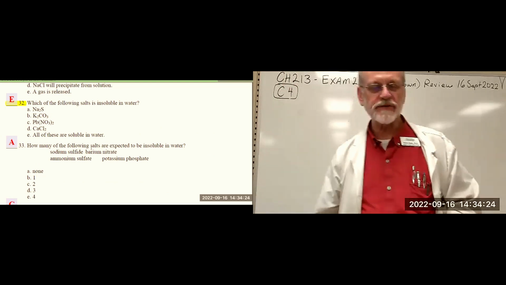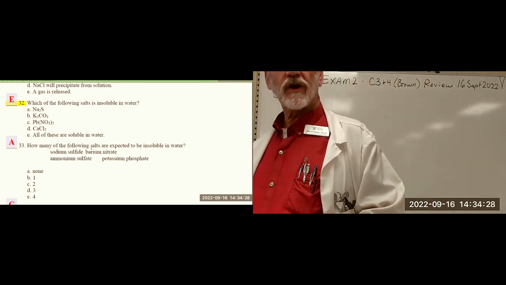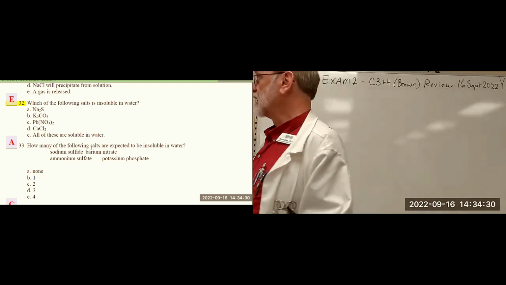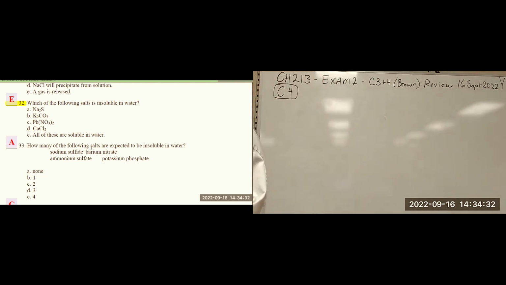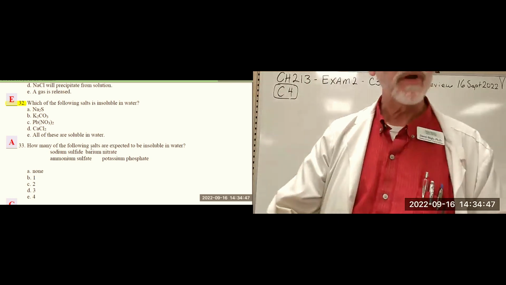Okay, which of the following salts is insoluble in water? So how do you use your chart? You go look for the cation across the top, right? Sodium, down the left-hand side of your chart as your anions. You follow to where they meet and see, is it grayed out or is it a clear square? Sodium sulfide is a clear square.